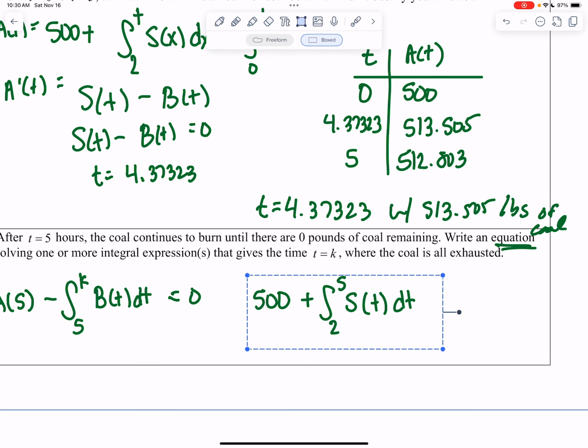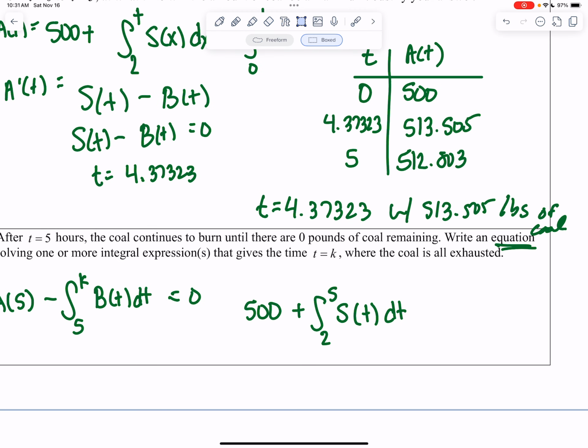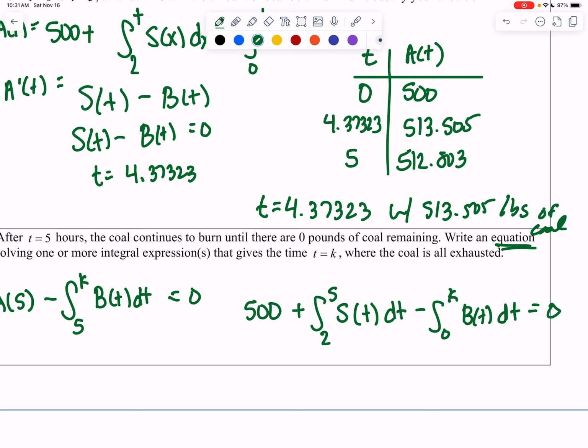And then you also gave me the rate out part from 0 to k of B of t dt. So that would also give you the correct answer, because I had my initial value 500. I'm adding coal from hour 2 to hour 5, and then I'm subtracting coal from 0 to some k value. So that would have been another correct answer there.